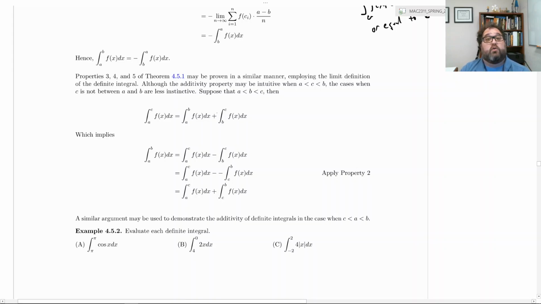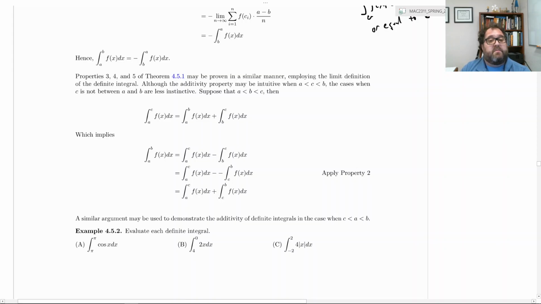If you rearrange this a little bit, subtract the integral from b to c from both sides. It's just a number, so you can do that. You get this next line, with the definite integral from b to c being subtracted off.